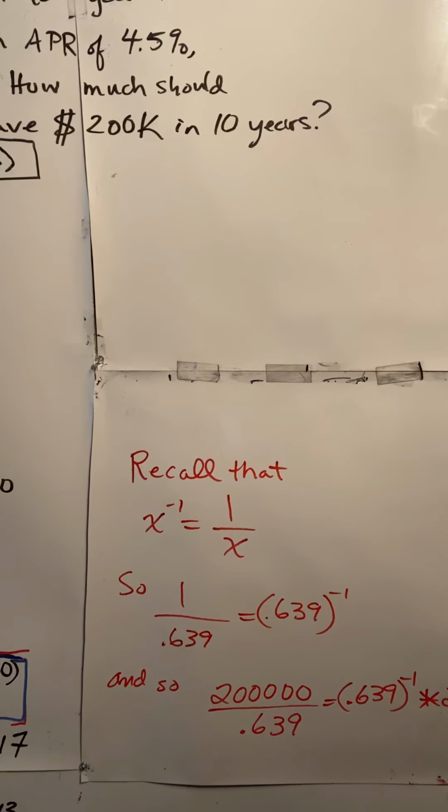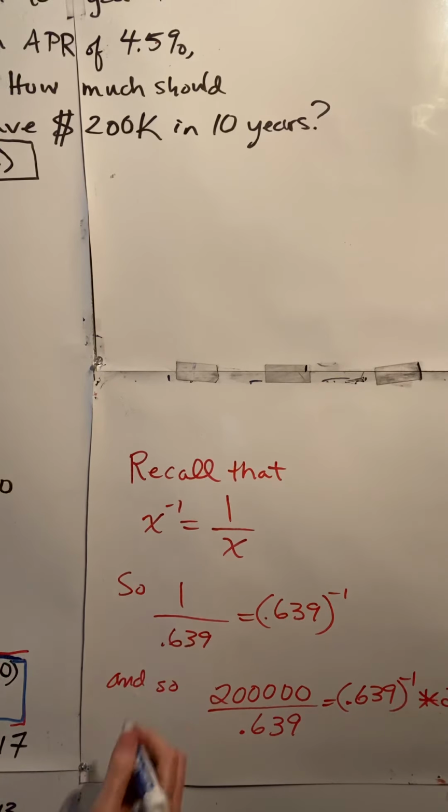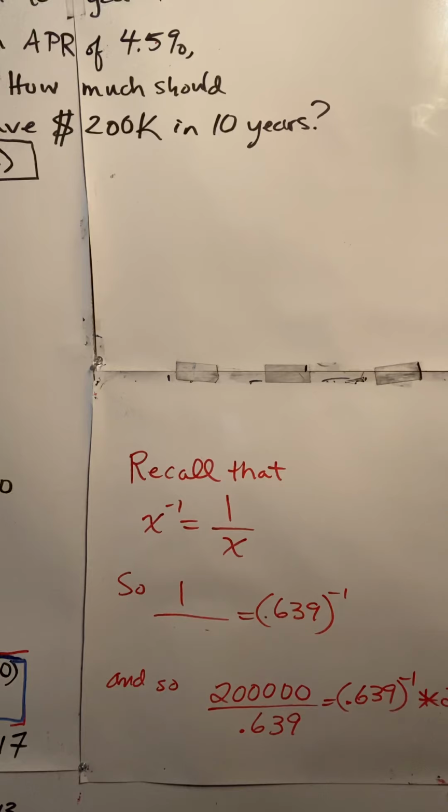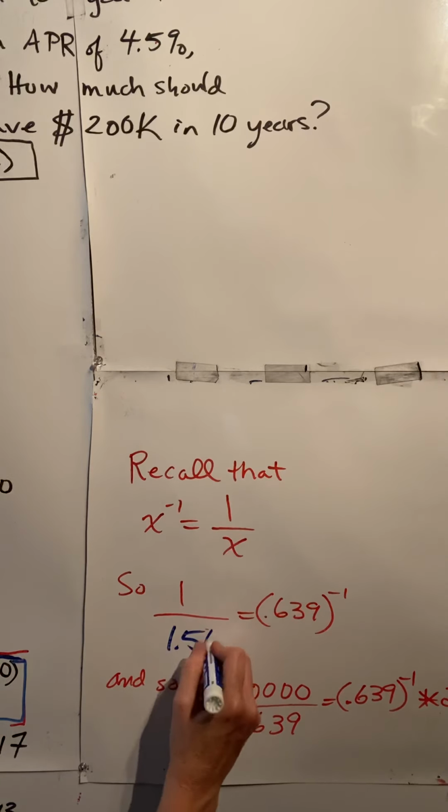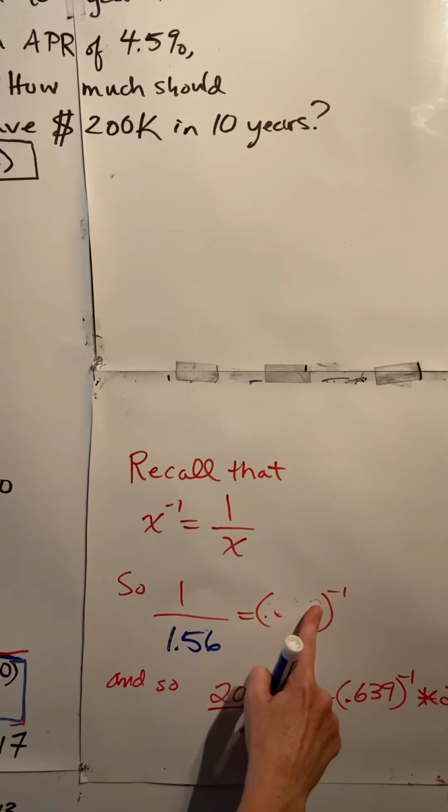So let me just put a 1 on this so it feels more like the quantity that we're dealing with here, which is 1.56. That's what I have in the denominator on this problem.